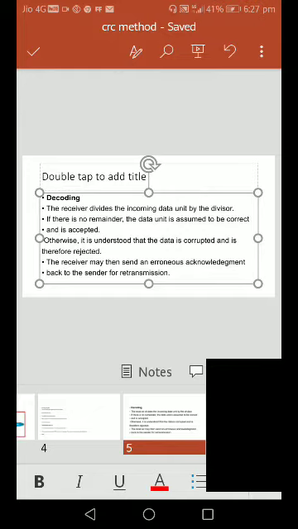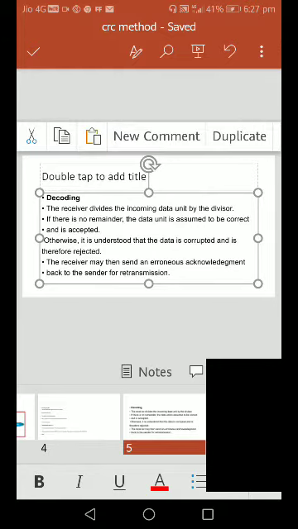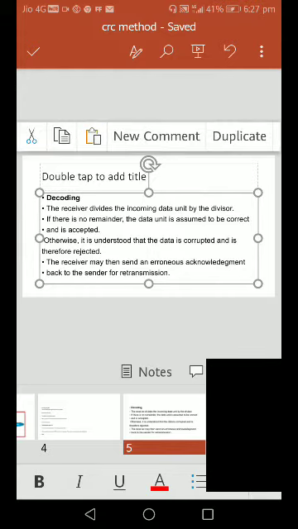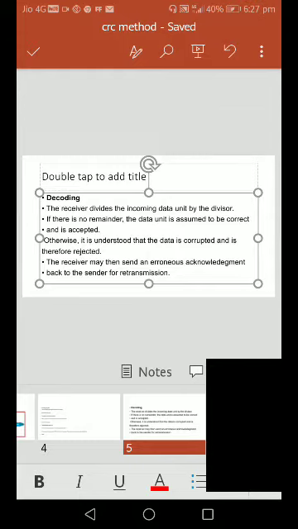Otherwise, it is understood that the data is corrupted and is therefore rejected.